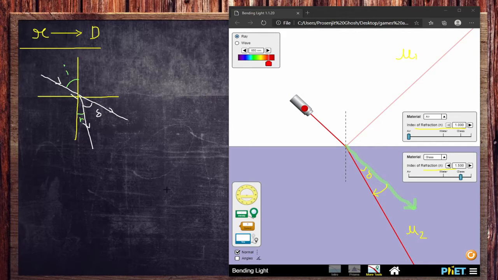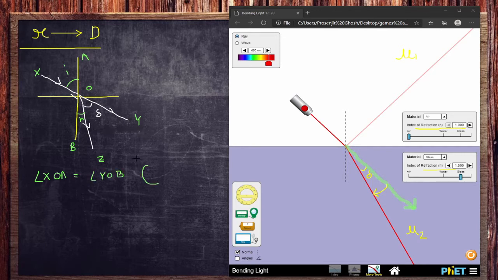Just think about this. This is AB, this is XY, and this is Z, and this midpoint is O. Tell me if angle XOA is equal to angle YOB or not.